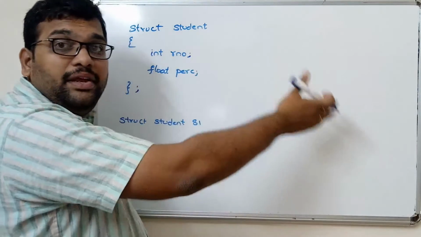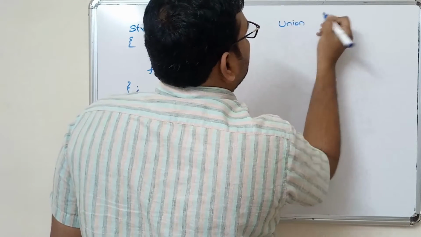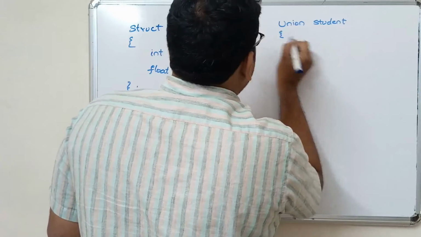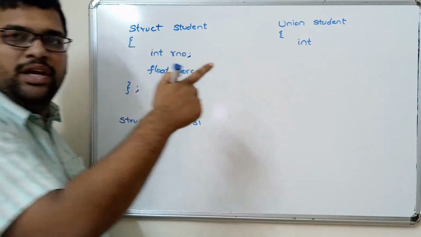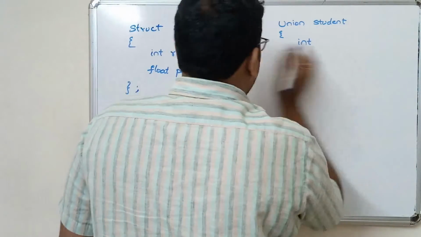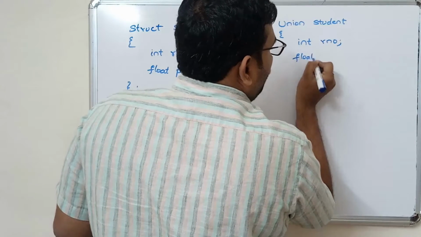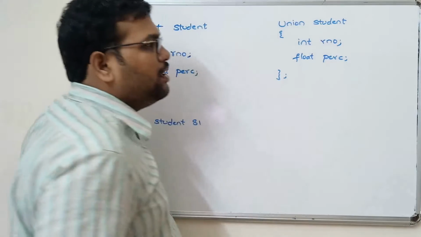Now let us define the union here. Union student. Again I am declaring only 2 members of the union, roll number and percentage: the same int rnumber and float percentage, close the union.